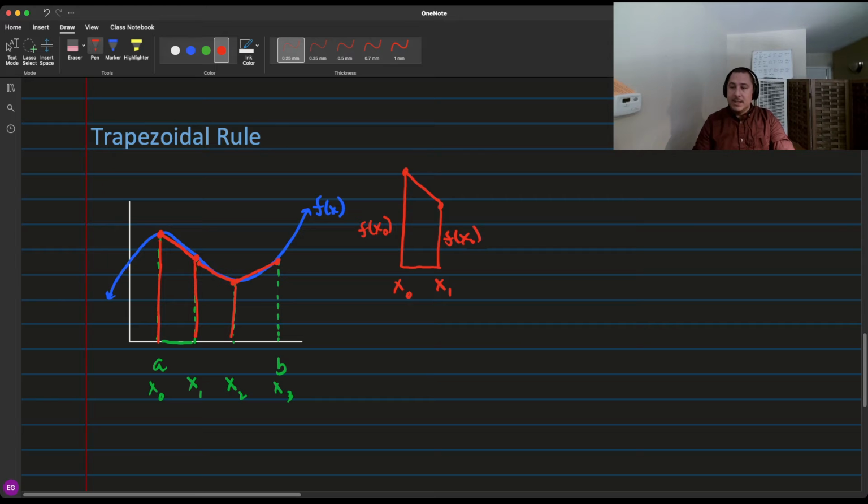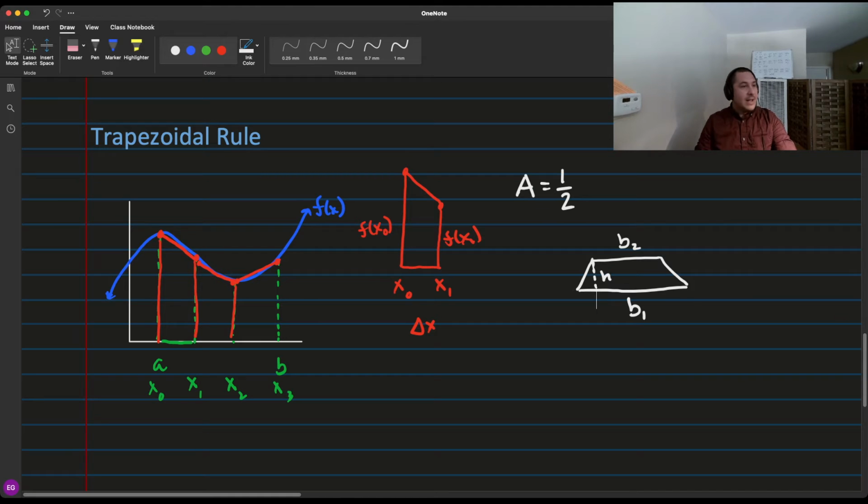And how wide is it going to be? Delta x. Now remember the area of a trapezoid. Normally trapezoids are drawn like this, on their side, and you call this one base 1 and this one base 2, and then you have the altitude, or height.